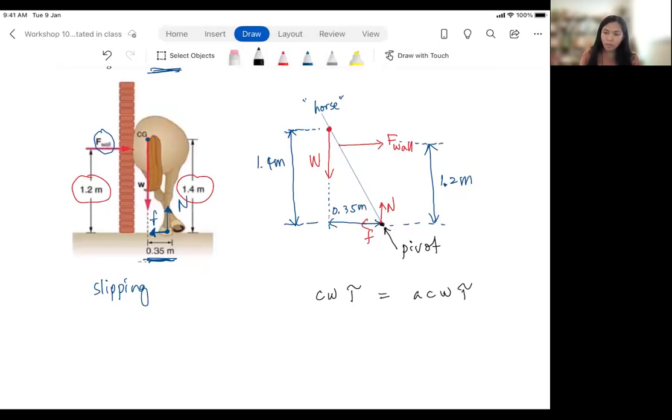So if it were to make the horse rotate, the weight force will cause the horse to rotate in an anti-clockwise manner about the pivot point, right? Whereas the wall is pulling the horse to the right. So if the force on the wall were to make the horse rotate, then it will make it rotate in the clockwise direction about your chosen pivot point. Okay. All right. Does that make sense so far?